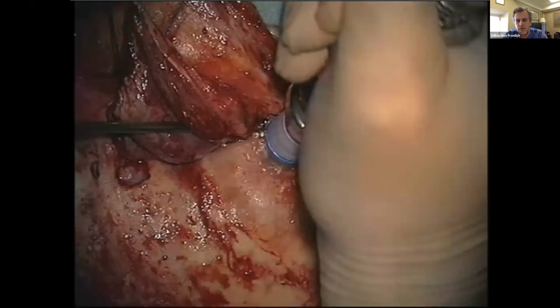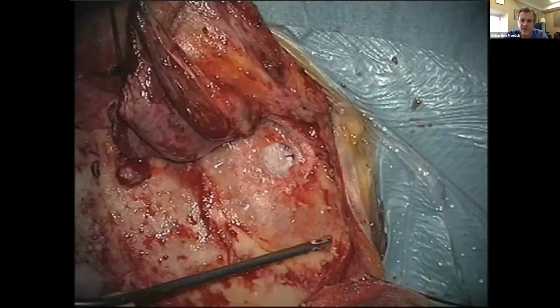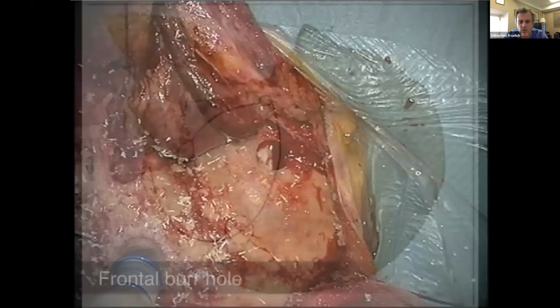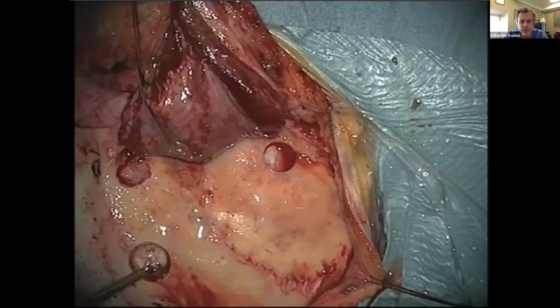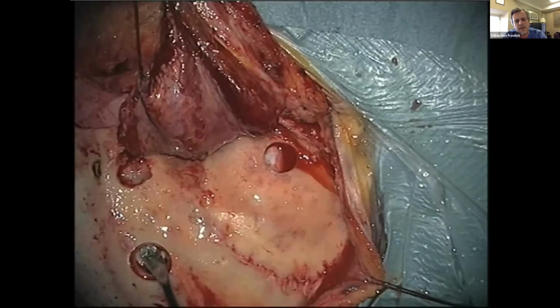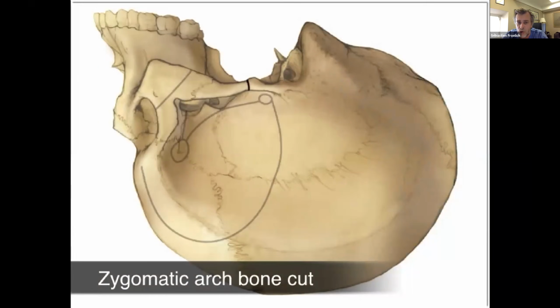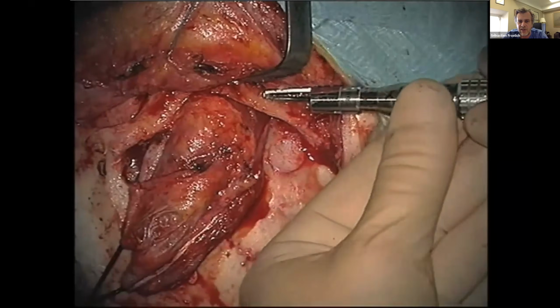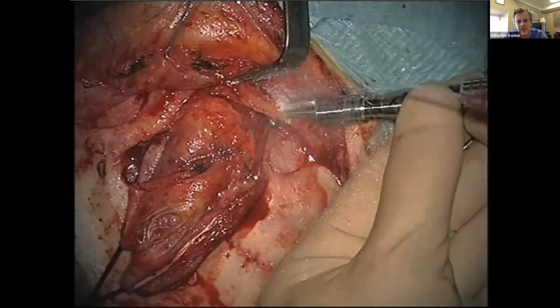Temporal burr hole, frontal burr hole, nothing special about it. Again, the more burr holes you do, the less risk you will have to injure the dura. And it's always good for closure. First cut is a zygomatic cut, as posterior as possible, oblique cut.